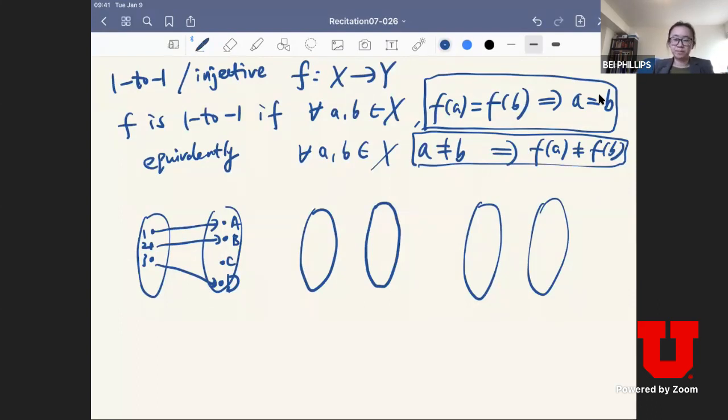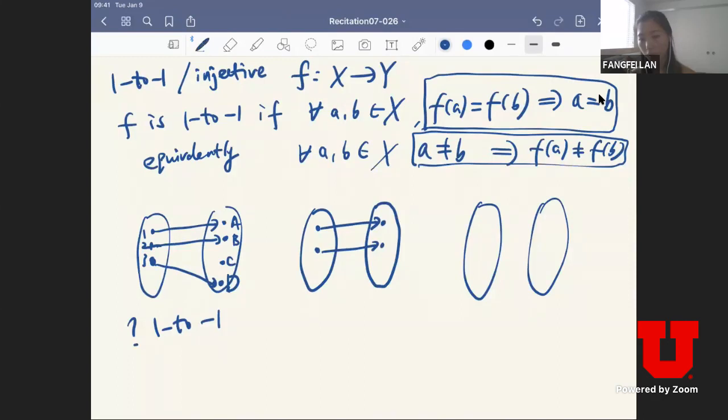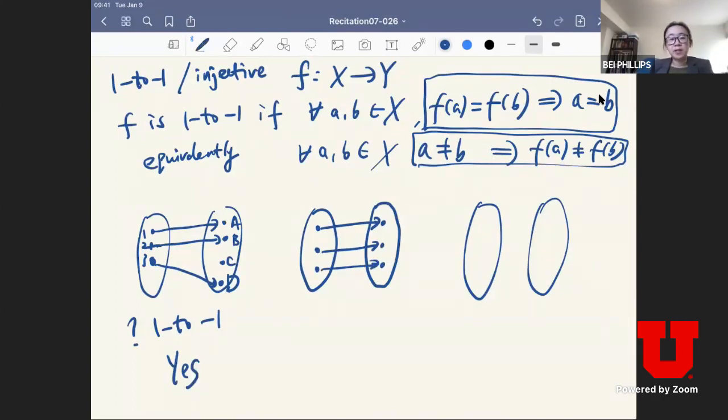Remember, distinct elements in the domain map to distinct elements in the codomain. Parker said yes. Exactly. How do you check? It says for any elements which are not equal in the domain, they map to distinct elements in the codomain. So yes, this is a one-to-one function.